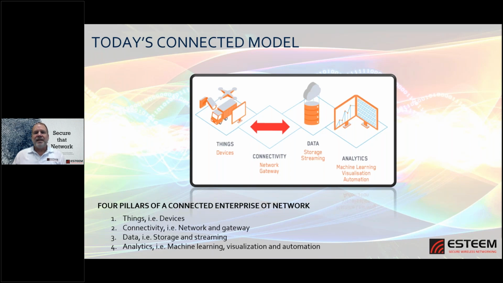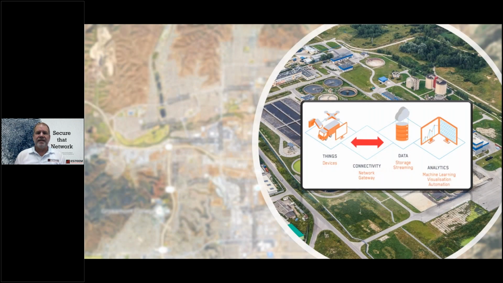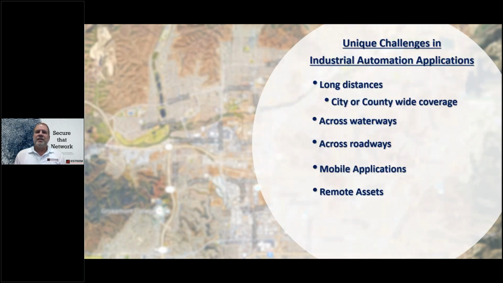Okay, so as we take that same model or idea and apply it a little bit further out, we start looking at industrial automation, the kind of networks that we're heavily involved with. Well, we're faced with some unique challenges. What you see within industrial automation is that we're typically trying to bring in remote assets that can be very long distances.